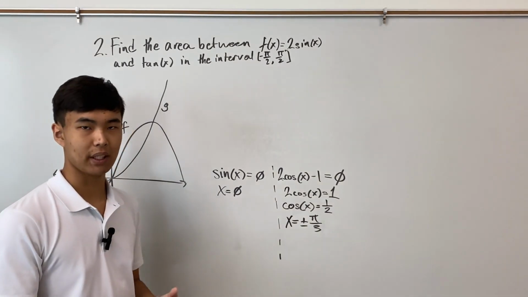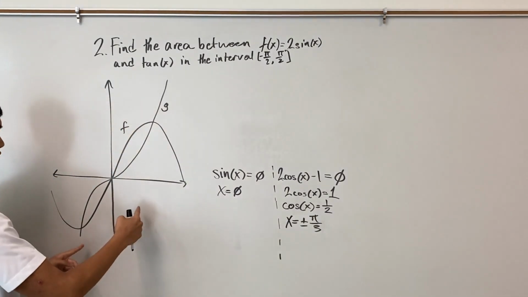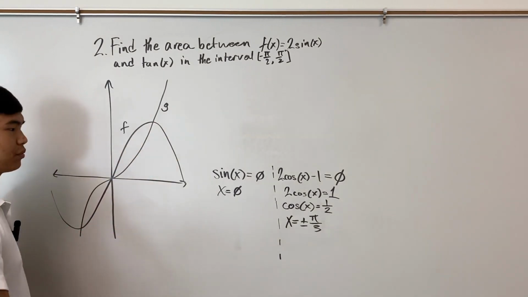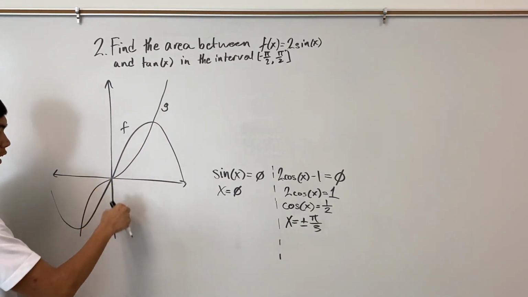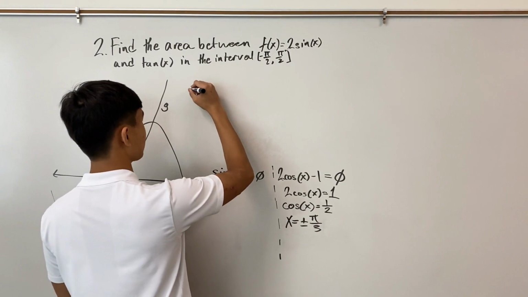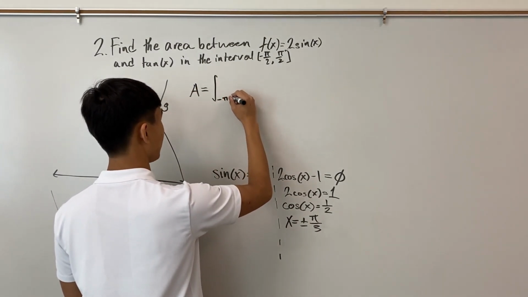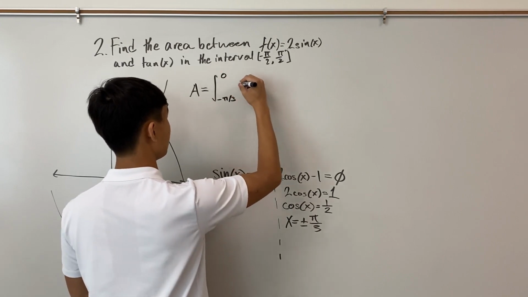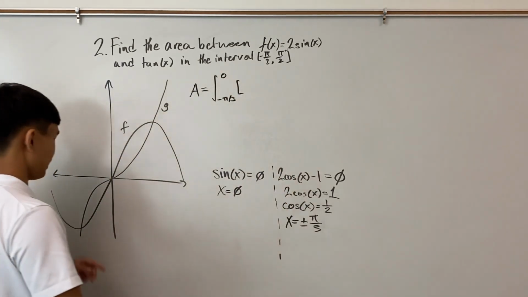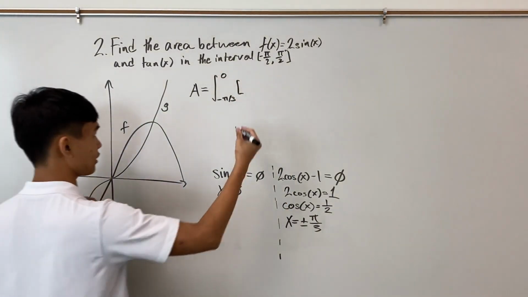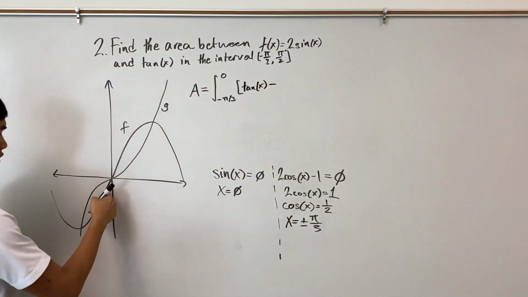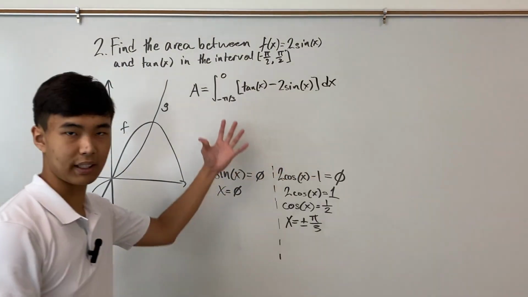So now we're going to set up our integral. And notice that we have to split into two integrals because the top curve changes at x equals 0. So our integral is the integral from negative pi over 3 to 0 of, so the top curve here is tangent x, minus the bottom curve, which is 2 sine of x, like so.